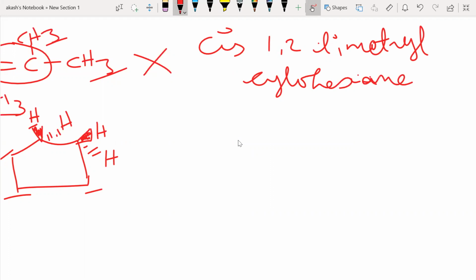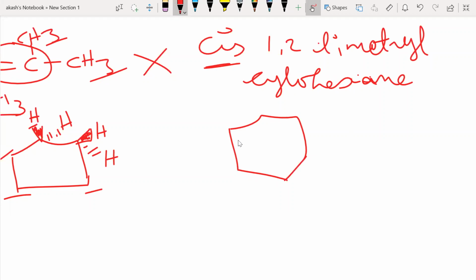Now I know if it is cis, that means the groups should be on the same side. As simple as that. Trans means opposite side, right? So let me draw the cyclohexane structure first. Okay, so this is my cyclohexane structure.